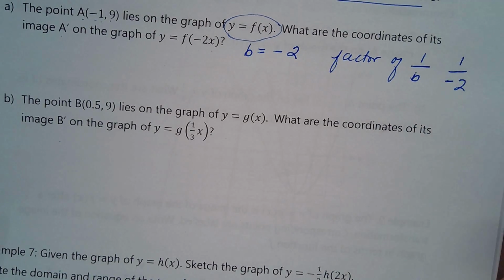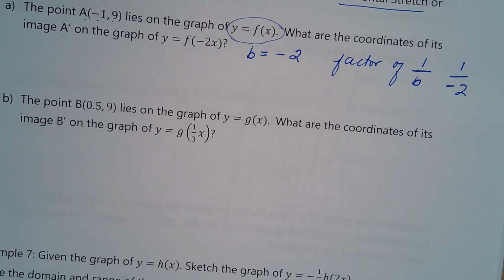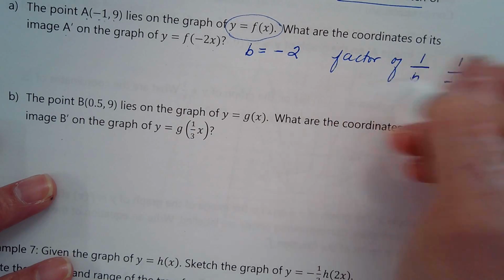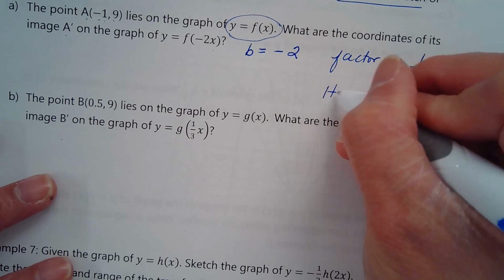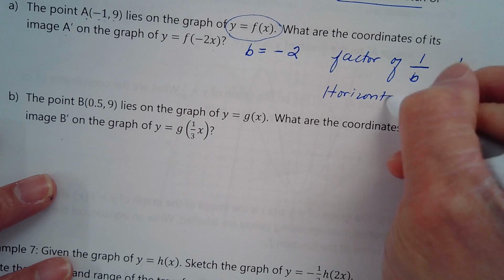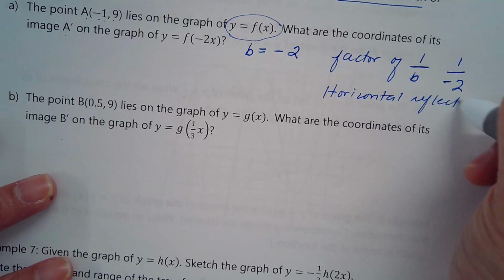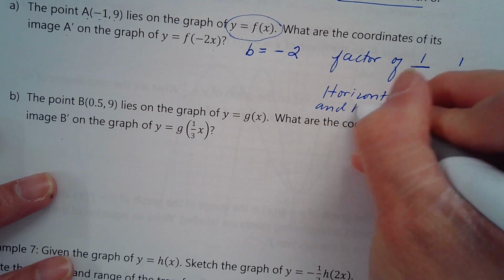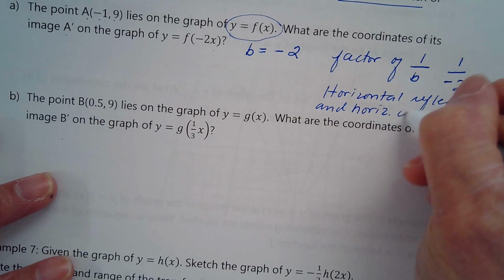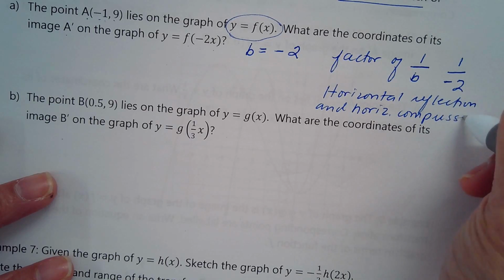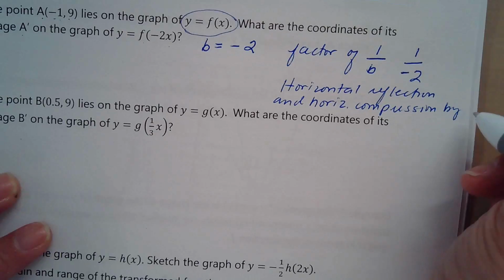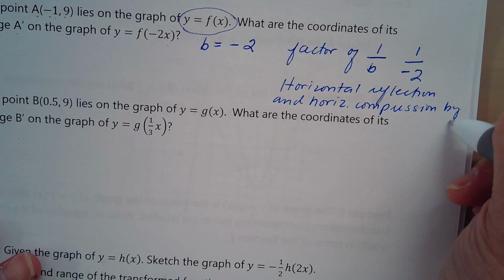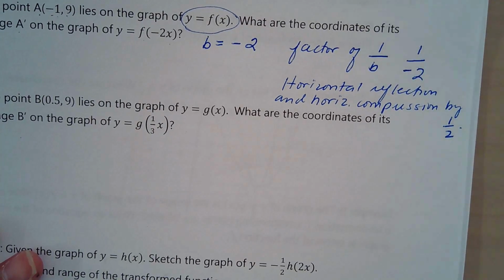And then there's a negative there. So that means it's a reflection. So there's a horizontal reflection and a horizontal compression by, if you want to put negative 1/2, that's okay, or you can just go 1/2.